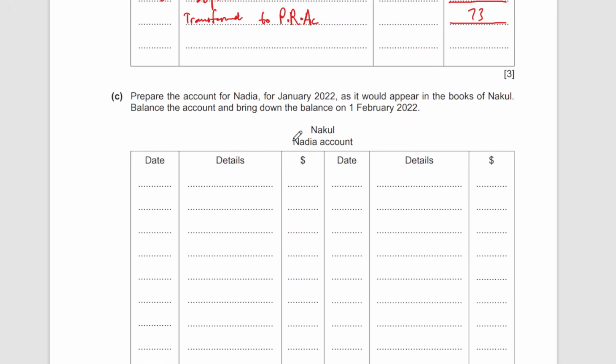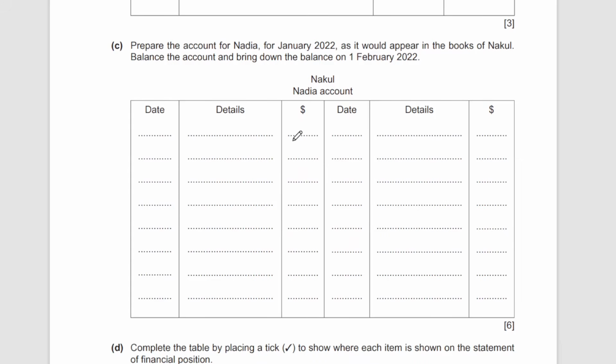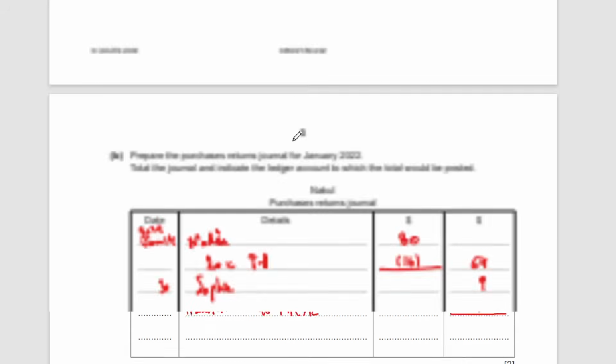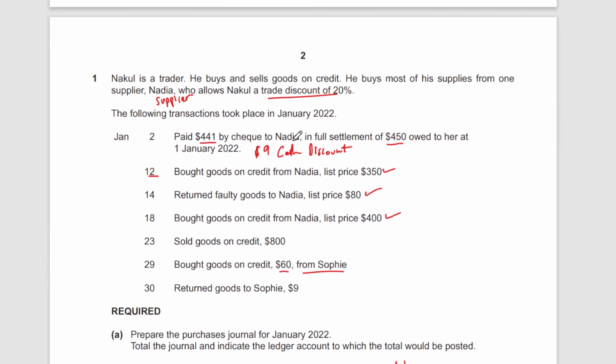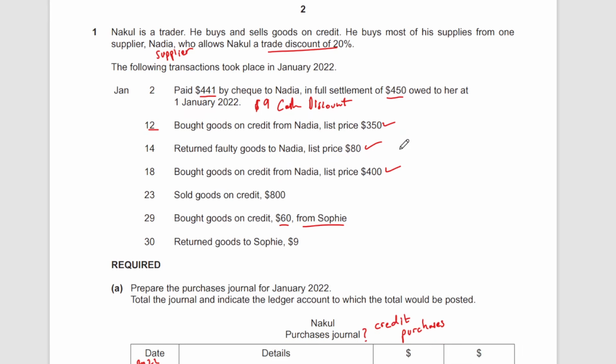Next. Prepare the account for Nadia for January 2022 as it would appear in the books of Nakul. Okay. So we start with the opening balance of 450, because that's what it says on 1st January. That's what is owed to Nadia.